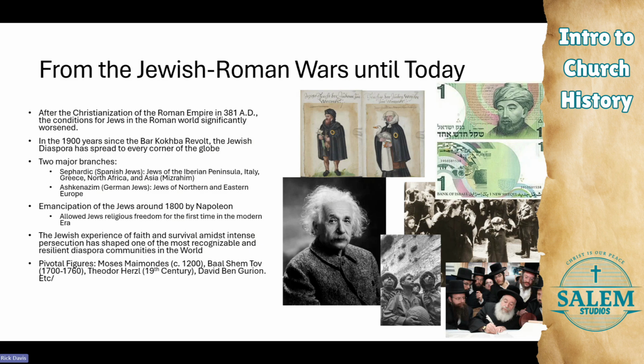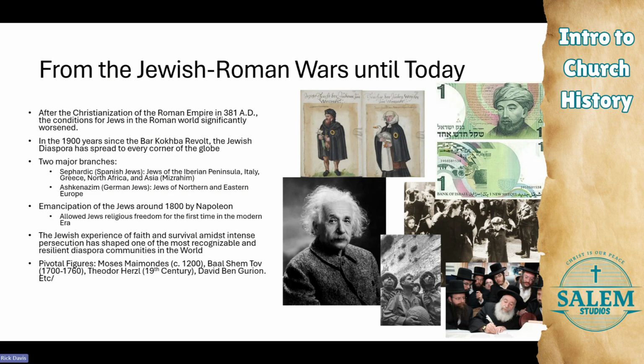The Jews were finally emancipated after about 1,600 years of oppression by Napoleon, who allowed Jews religious freedom for the first time in the modern era in Europe. The Jewish experience of faith and survival has been one amidst great persecution, and they are one of the most recognizable communities in the world today.